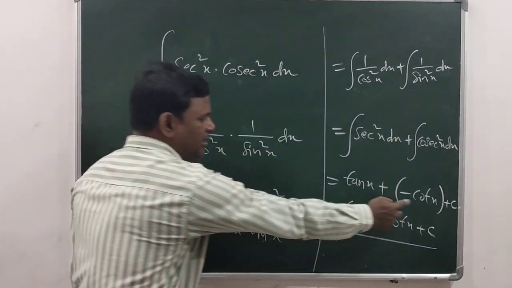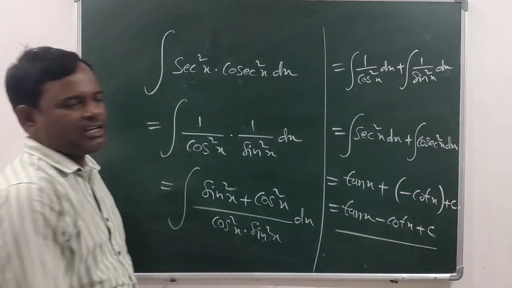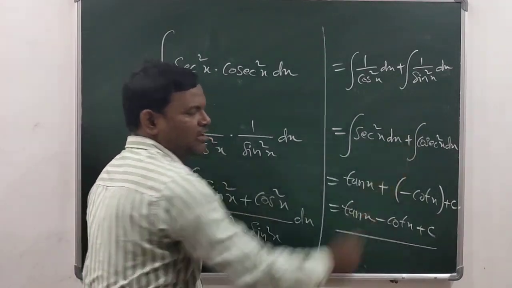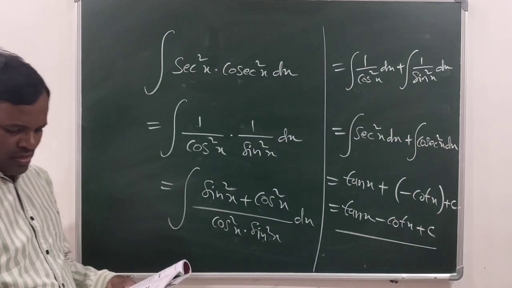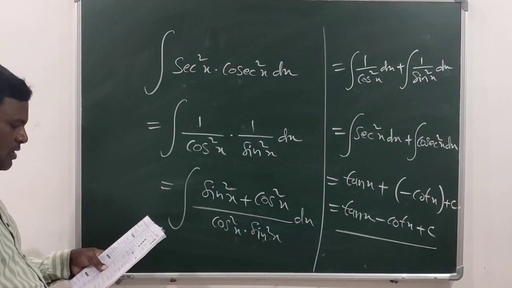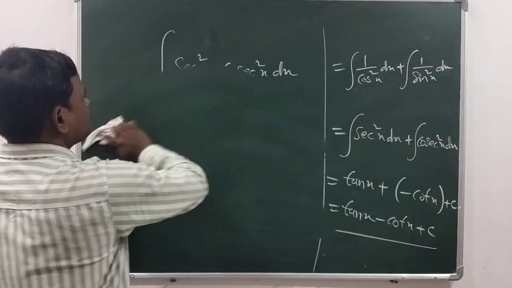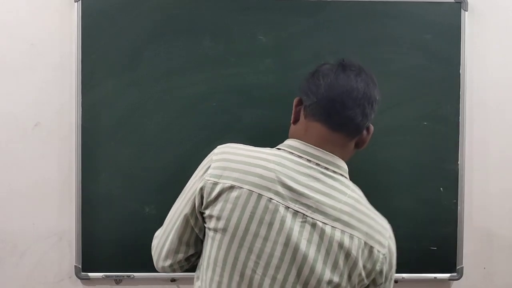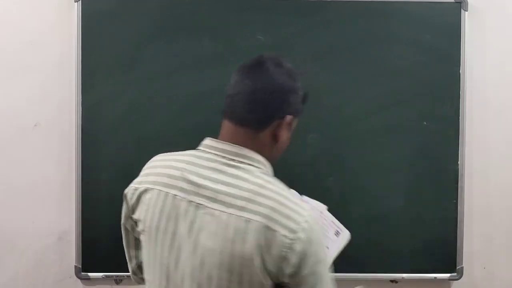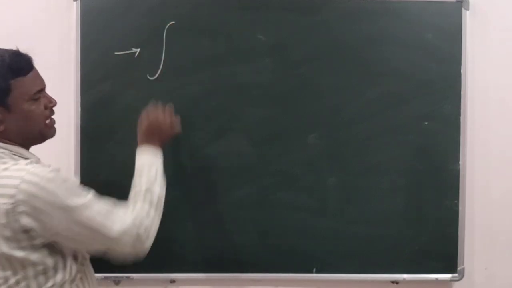We have standard integral formulas for those two. Integral of secant square x is tan x. Integral of cosec square x is minus cot x. Right. Next, see. Let us go to one more application.